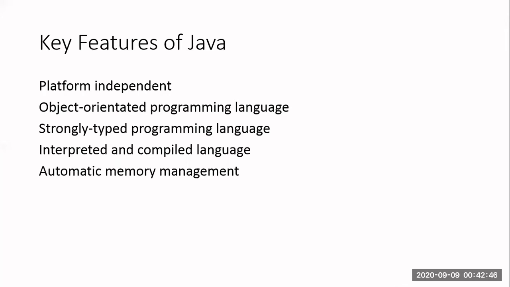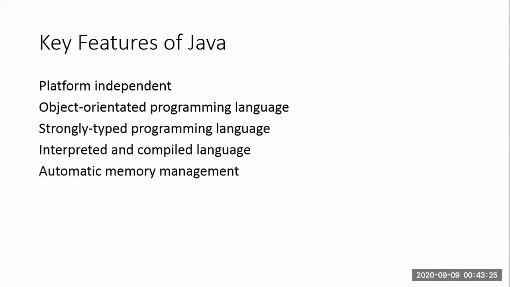And one more feature is that it is an interpreter and compiler language. Usually a programming language will be interpreter based or compiler based, and this is a programming language which has both interpreter and compiler. If you can remember, interpreter means, see, we write a program in English, but the computer can understand only machine language. So whenever we type a program in English, we compile it or execute it. While executing, what happens is our English statements are converted to machine understandable language.